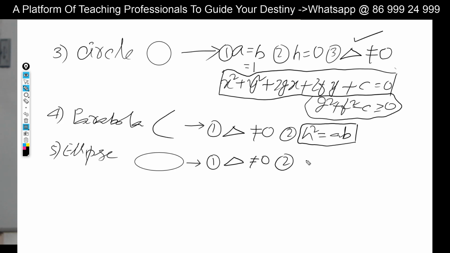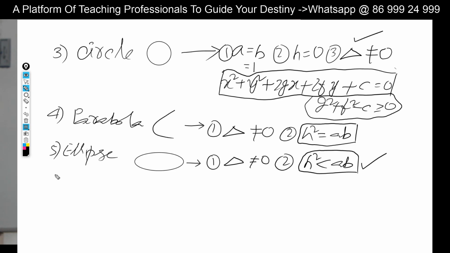Number 2, unique condition for ellipse: whenever in any equation you are getting h square less than ab, you can confirmedly say that it represents an ellipse. There is no clash with any other conditions of geometrical figures. So h square less than ab is unique for an ellipse.